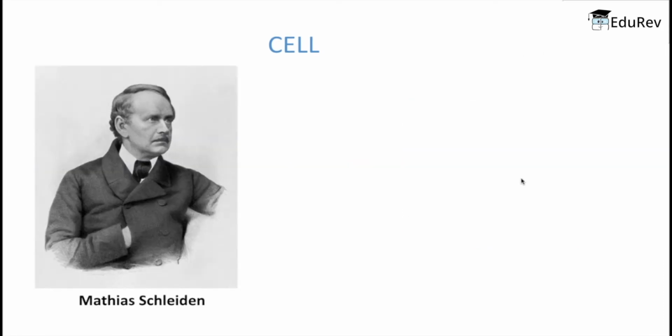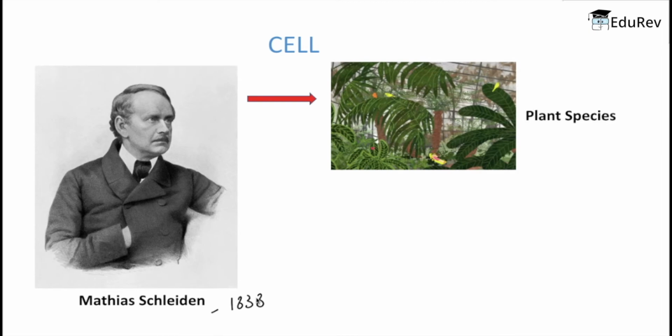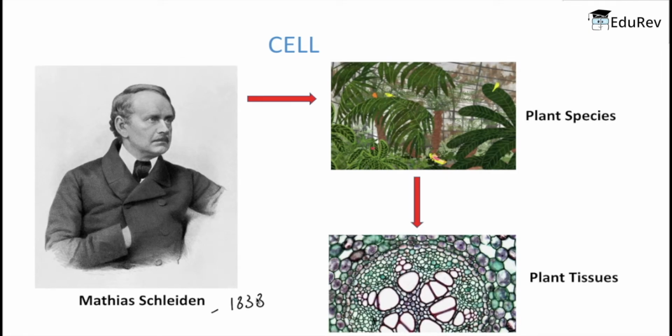In the year 1838, Matthias Schleiden, who was a German botanist, examined numerous plant species, and by examining them, he found out that plants have different cells which form plant tissues.